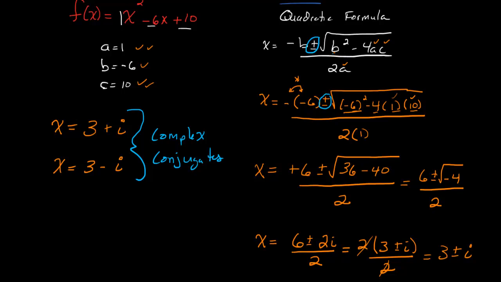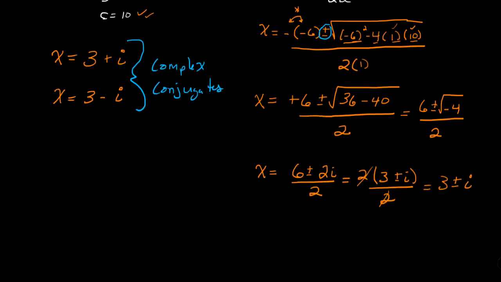We're going to get imaginary values when the portion b squared minus 4ac is less than 0. We get imaginary values because that makes it negative, and the square root of a negative value is always going to be imaginary.